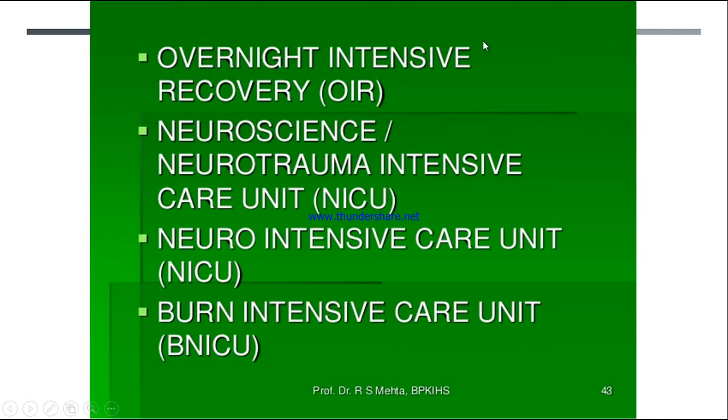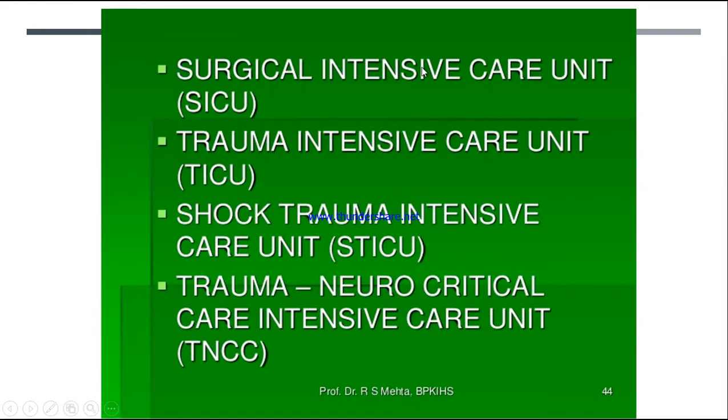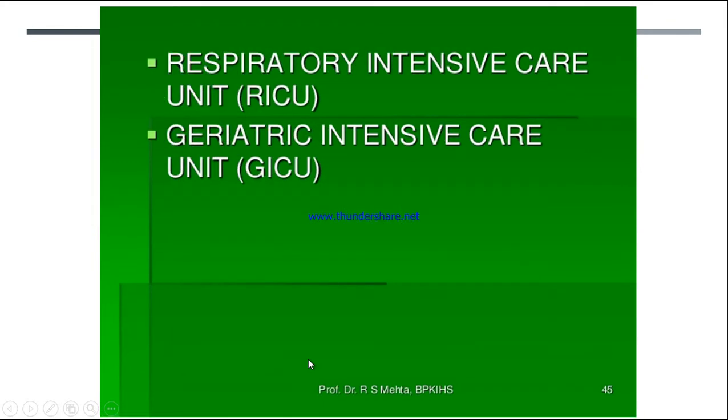Then there is overnight intensive recovery, OIR, neuroscience or neurotrauma intensive care unit, NICU, burn intensive care unit, BICU. Next, surgical intensive care unit, SICU, trauma intensive care unit, TICU, shock trauma intensive care unit, STICU, trauma neuro critical care intensive care unit, TNCC. Next, respiratory intensive care unit, RICU, and geriatric intensive care unit, GICU.